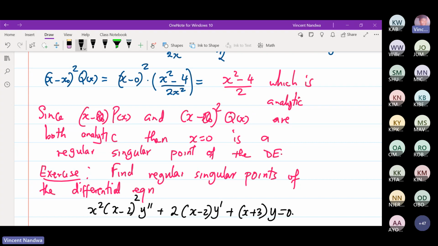Now, at this point, we define what we call Bessel's equation and Bessel functions.